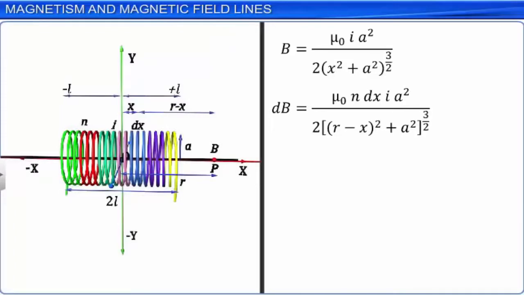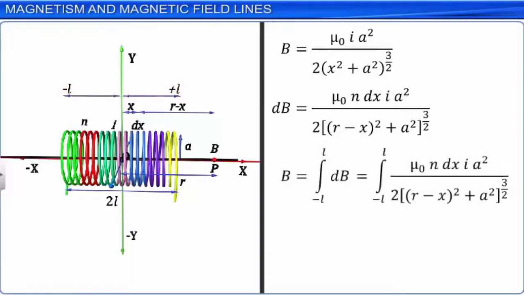Thus, the total magnetic induction at the point P due to the solenoid is B equals integral from -L to L of dB. That is equal to integral from -L to L of mu naught n dx I A square by 2 into (r minus x) square plus a square whole power 3 by 2.